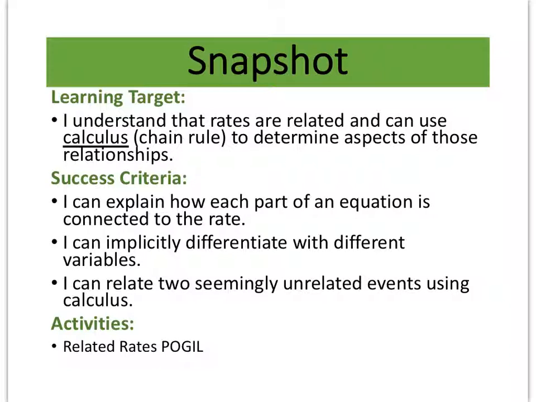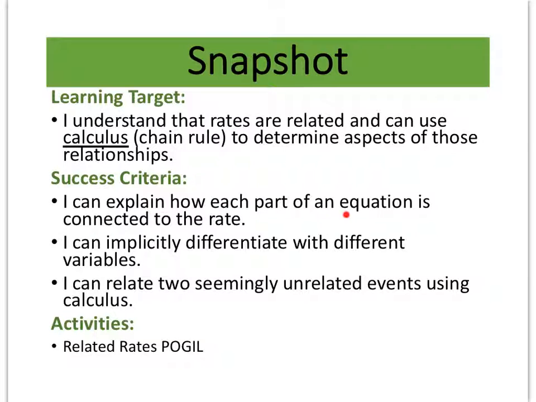As you're looking over the ladder problem, I want to make it really clear that by the end of this class, you should understand that related rates are related and can use calculus, mainly the chain rule, to determine big aspects of these relationships. We're going to need to use a lot of algebra skills and formulas that you know from algebra to be able to find those relationships, but it's mostly highlighting this calculus chain rule.